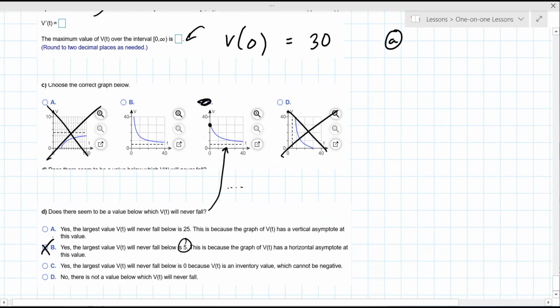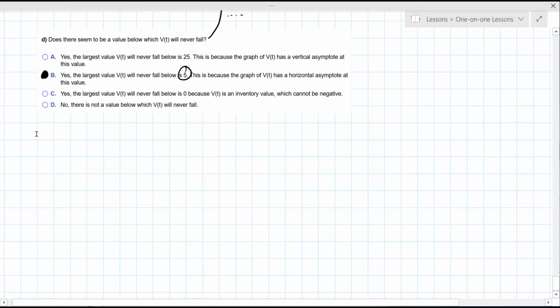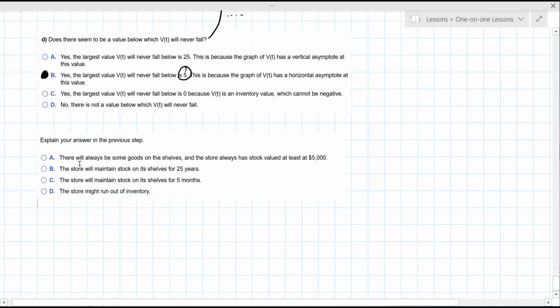Maybe that's not a good way to do that. Okay. But wait, there's more. Explain your answer in the previous step. Snipping it in. There will always be some goods on the shelves, and the store always has stock value of at least $5,000.